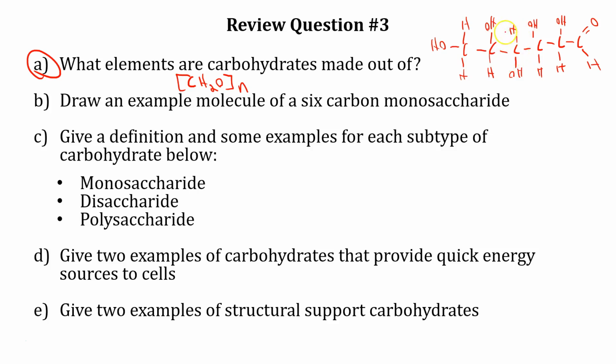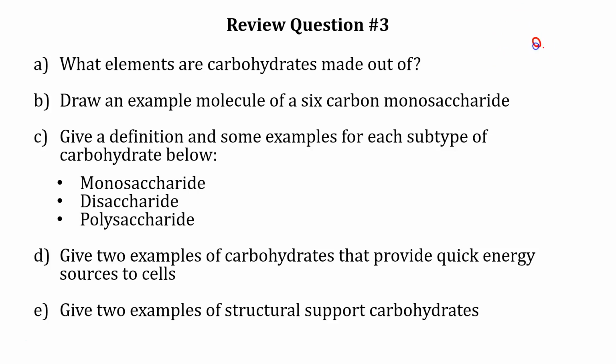Another example you could draw is a ring structure like this if you wanted to. In that case, you'd have 1, 2, 3, 4, 5, 6 carbons, and then on each of those there's just a whole bunch of H's and OH's.